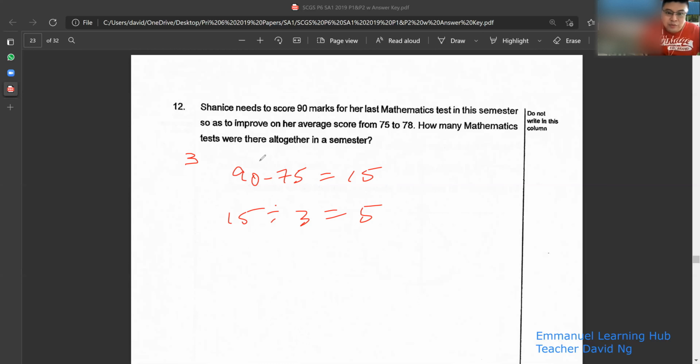Then you minus off her current average mark, you get the total difference, divide by each difference.